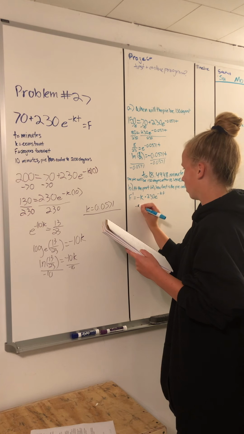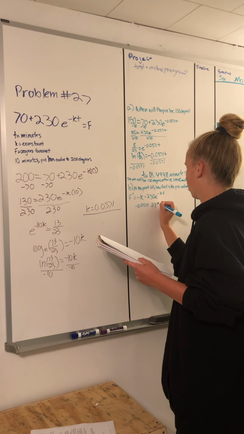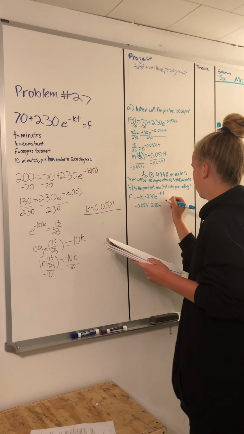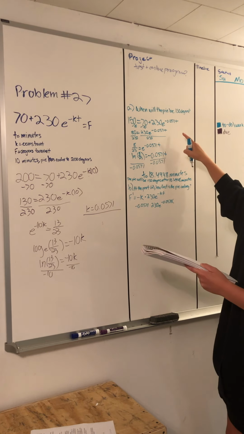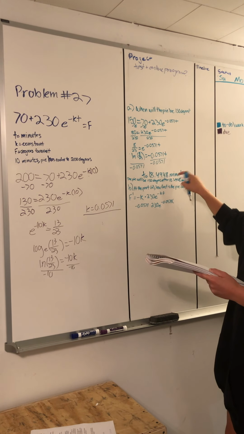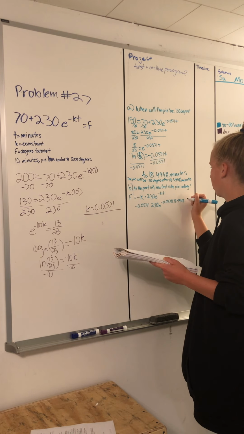So that's your derivative, and then you can plug in values for k and t. So negative 0.0571 times 230 e to the negative 0.0571, and then multiplying by our time, which is 18.4948 minutes.